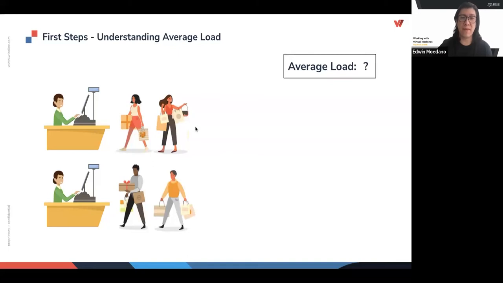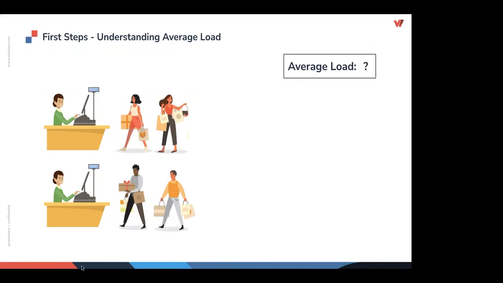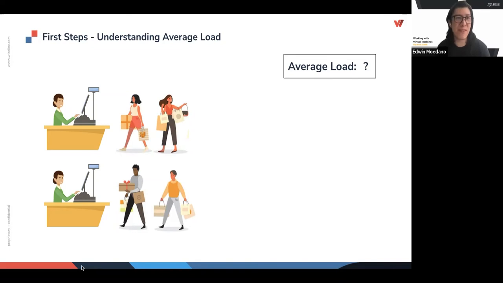Anyone? You can write in the chat if you're shy. Don't worry. Or you can unmute yourself and share with everybody. Distributed. For me, it's 4. Who gives more? Who gives less?